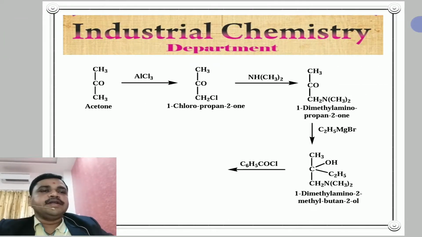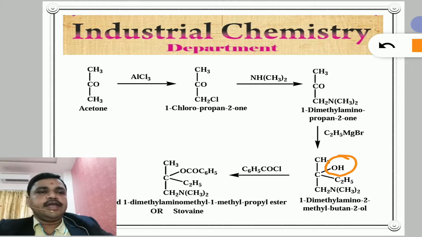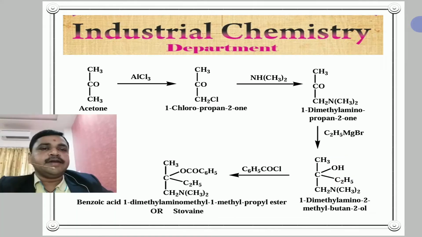This 1-dimethylamino-2-methylbutan-2-ol is treated with C6H5COCl, benzoyl chloride. The hydrogen from the alcohol group is substituted by the benzoyl group and we get our final product, Stovaine.